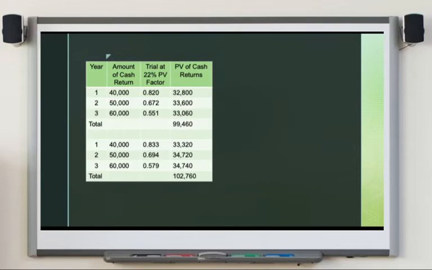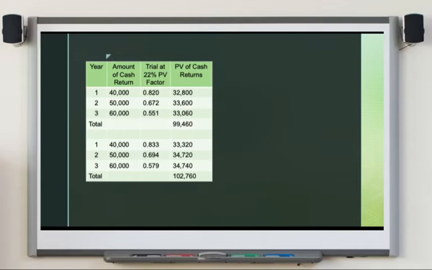Now, if you can observe in the table, the lower the percentage, the higher the possible amount to be computed, because the present value factor is also increasing. So the next lowest percentage is 20%.